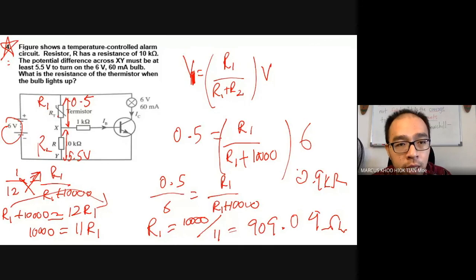They will give you the V, and the situation where you have to calculate the resistance. The most important thing is to be very clear about which resistance and which voltage you want to calculate. Be very clear about that, and then the potential divider circuit becomes very easy.